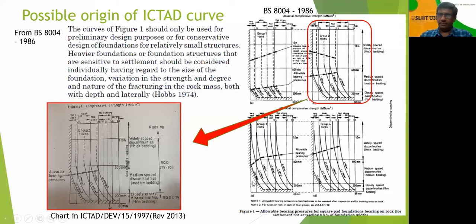If you look at the bottom, it says allowable bearing pressure for square pad foundations, right? So this was developed for a pad foundation, which is socketed to the bedrock. So if you look at that and what is given in BS 8004 in, of course, the 1986 version.